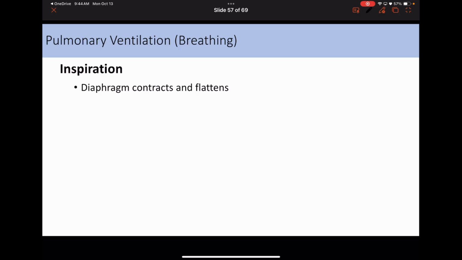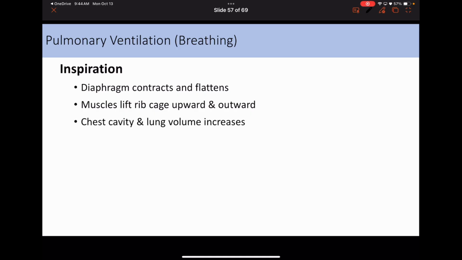Okay, so pulmonary ventilation is the scientific term for breathing. And for inspiration, we've already talked about it, but this gives you the steps in order. The diaphragm contracts and flattens. The muscles lift the rib cage upward and outward. This causes the chest cavity and lung volume to increase, which causes the pulmonary pressure to be less than the atmospheric pressure.